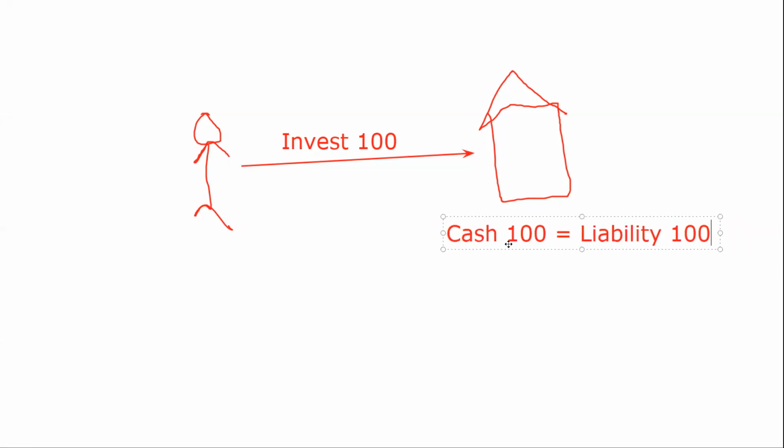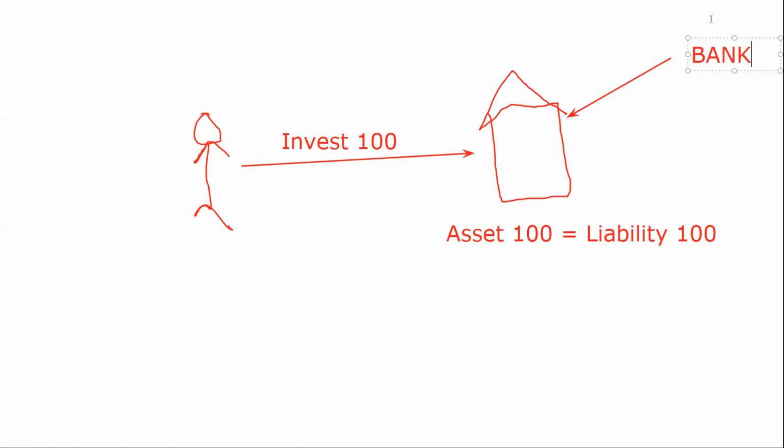So we derive an equation. Cash is an asset. The business will have assets of 100,000 and also liability of 100,000. The owner invests 100,000 into the business. Then assume that they are also taking a loan from the bank, $50,000.